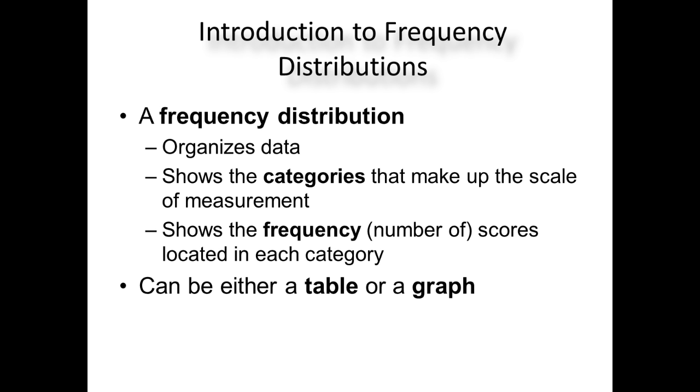A frequency distribution also has what's known as the frequency, or a little f, showing the number of scores in each category, and then this can be expressed either as a table or a graph. Notice that in frequency distributions, you either have data that is ordered or not.